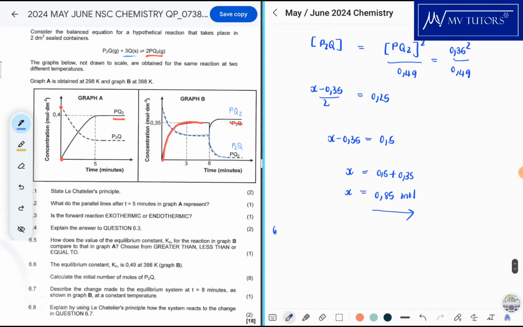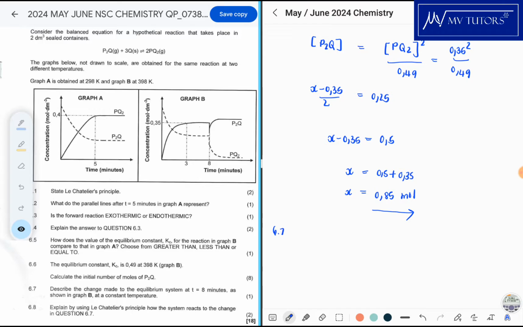Now 6.7. Describe the change made to the equilibrium system at t equals 8 minutes, as shown in graph B, at a constant temperature. So yes, the temperature has been kept constant there. It's still 398 Kelvin. But at 8 minutes, there is a decrease in both the reactants and the products.